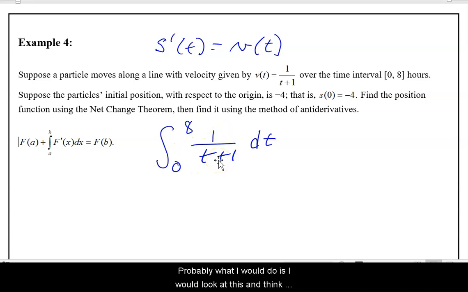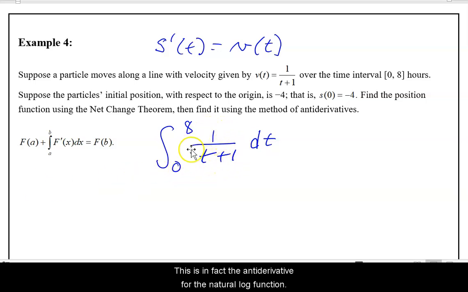Probably what I would do is think about what I could do to undo the derivative. Now, this is one we have not seen before, so I would not expect you to be able to do it on your own now, but after the next couple of days, when you learn the antiderivatives for natural log, you should be able to do it.